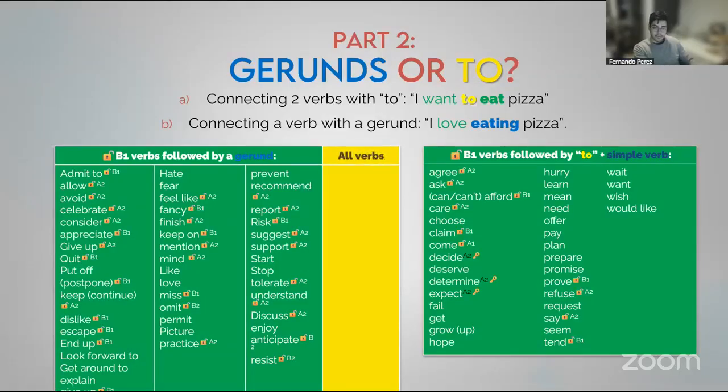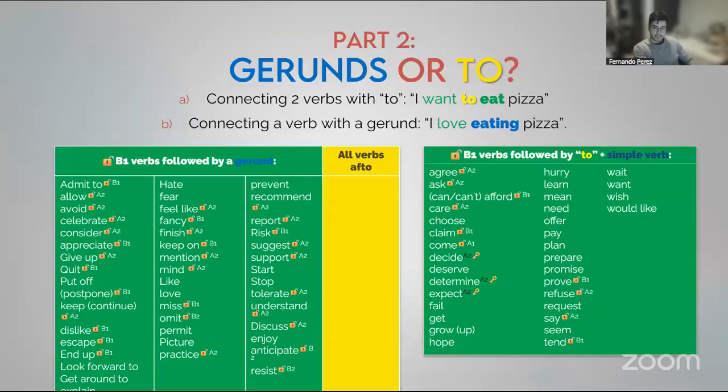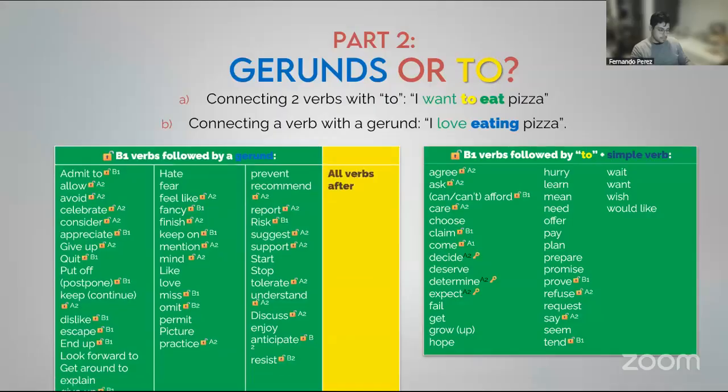All verbs after a preposition must go gerund. Example: think about, talk about, dream about.